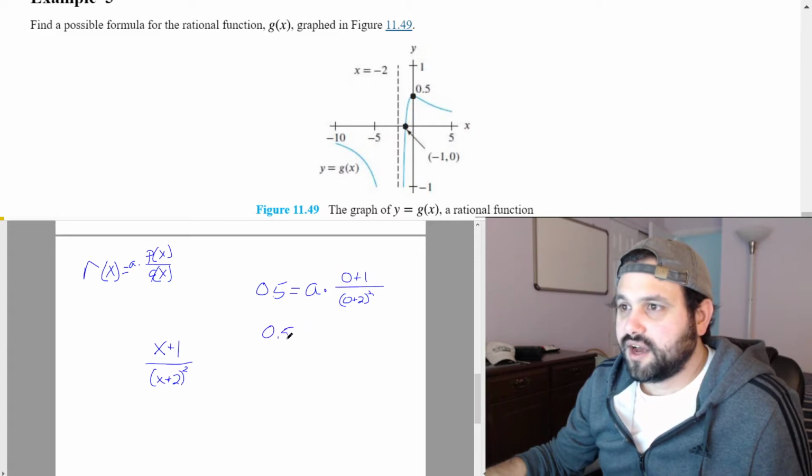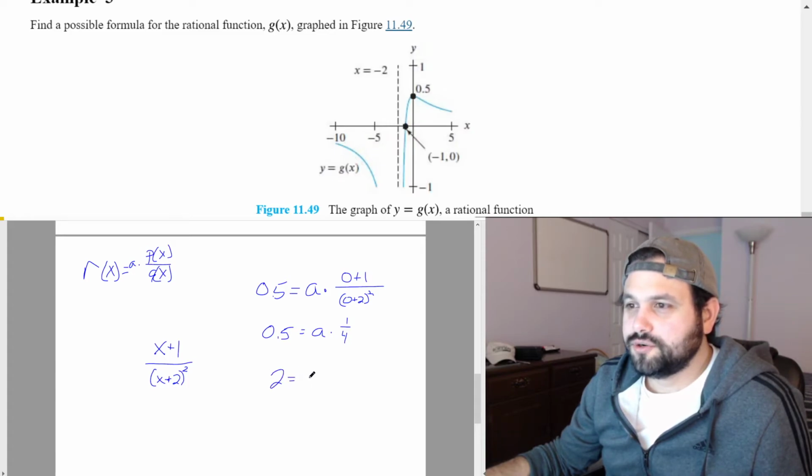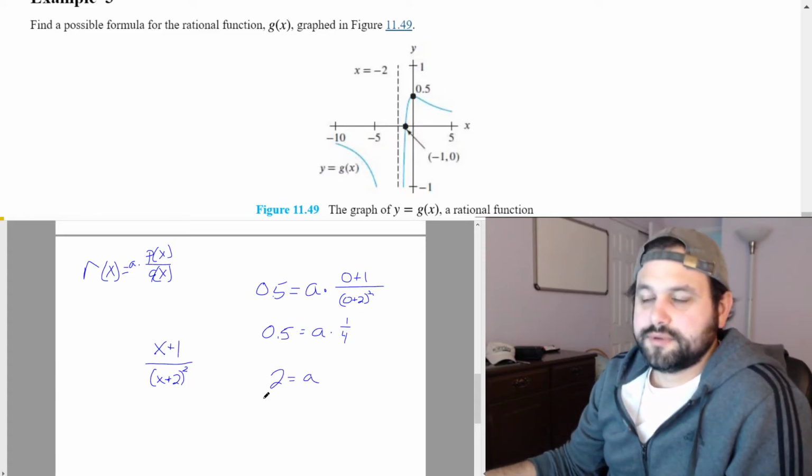And so 0.5 equals a times 1 over 4. Divide both sides by 1/4, and that should be exactly 2.